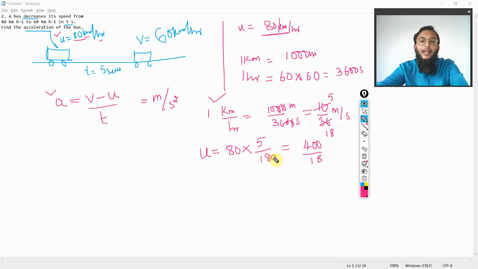Otherwise you can keep the values like this for simple calculation. So we got initial velocity u as 400 by 18 meter per second. Let's not cancel it, let's keep it like that.